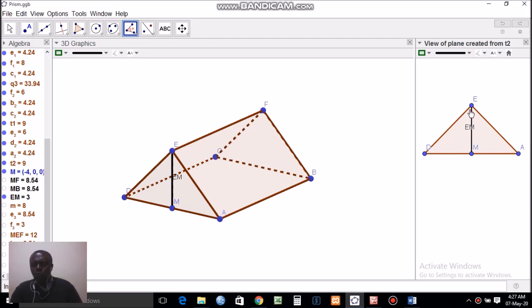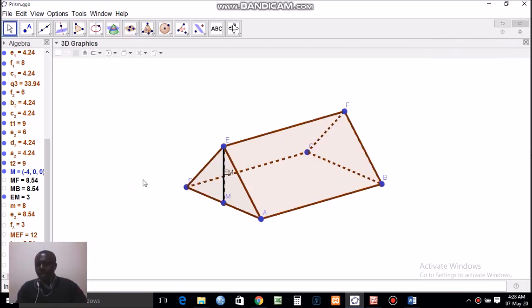Now, I would like you to draw this triangle in your exercise book. Put the dimensions AD as 6 and then ED as 4.24 and then EM as 2.996 and calculate the size of angle EDA. All right.